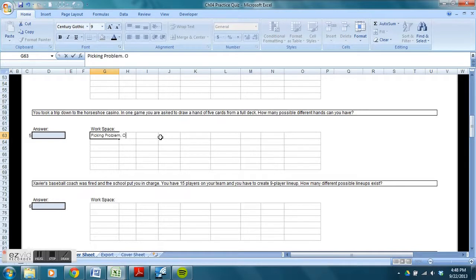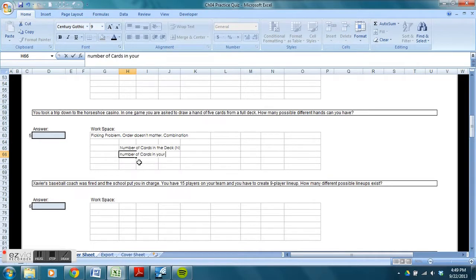So number of cards in the deck, and that's represented by big N is the notation for that. Number of cards in your hand, that's how many you are picking, little n.